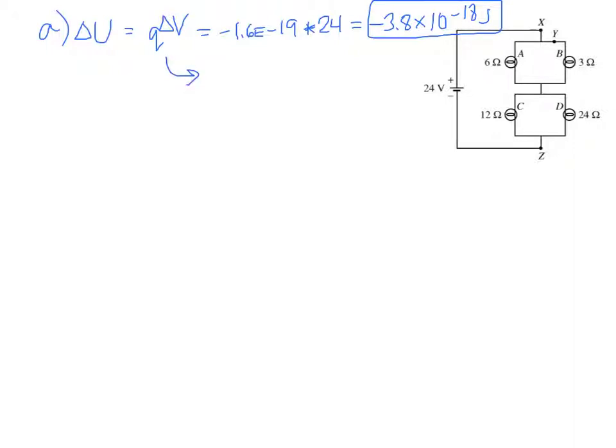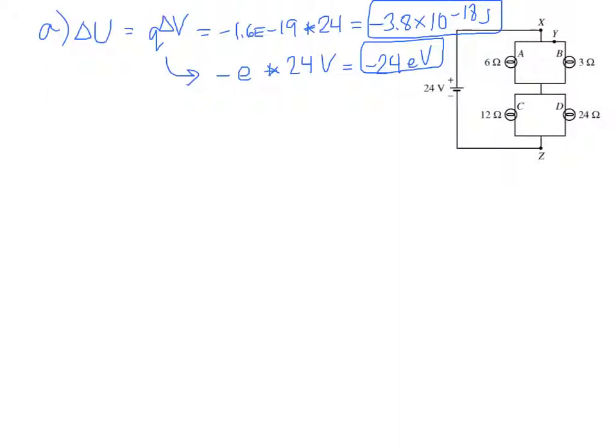Instead of putting in the charge of an electron for the Q, you could have just said the charge is negative e and multiply that by 24 volts to give you an answer of negative 24 electron volts. Either one of those answers would have been acceptable.